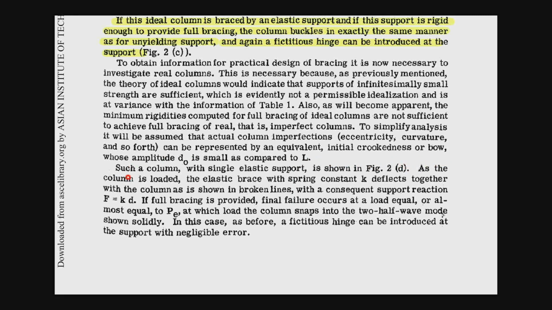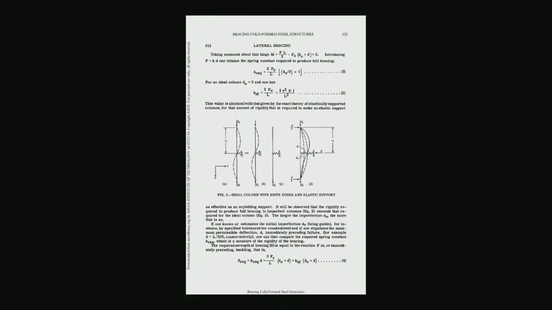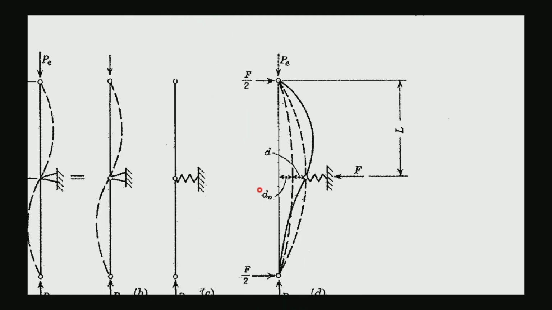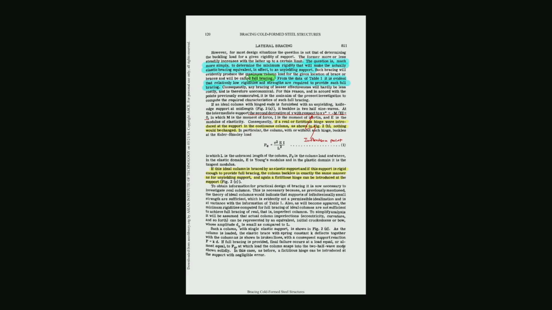As the column is loaded, the elastic brace, so this one is the initial bow or initial out of straightness or initial crookedness, the d naught, and then you load, then it is increased to d.